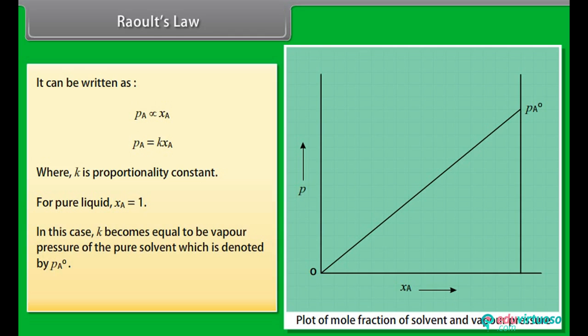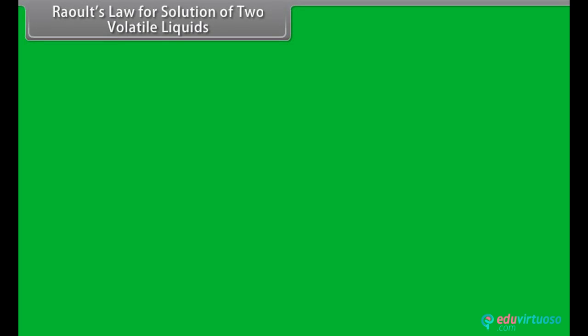In this case, K becomes equal to vapor pressure of the pure solvent, which is denoted by P°A. Thus, PA = P°A × XA. For solutions obeying Raoult's Law at all concentrations, its vapor pressure would vary linearly from 0 to the vapor pressure of pure solvent.